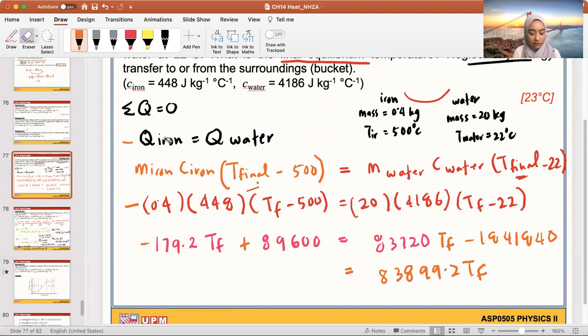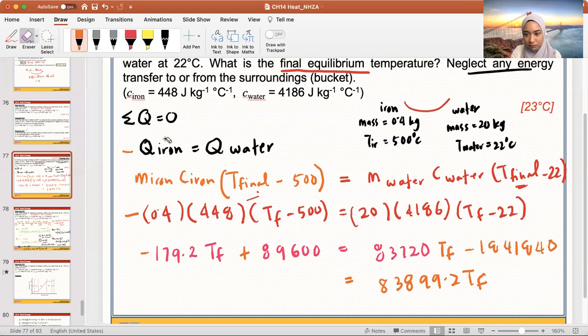89600 plus 1841840. So it's 1931440 divided by 83899.2. Saya terlebih kosong somewhere.